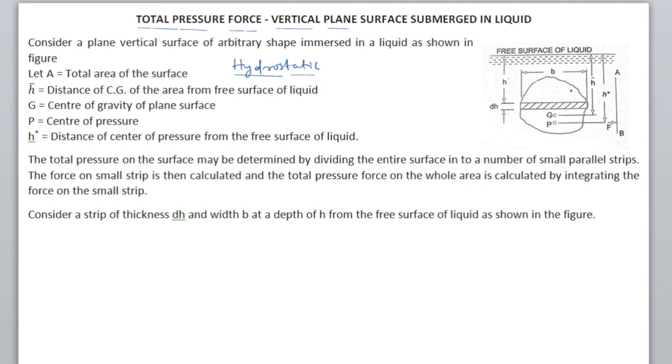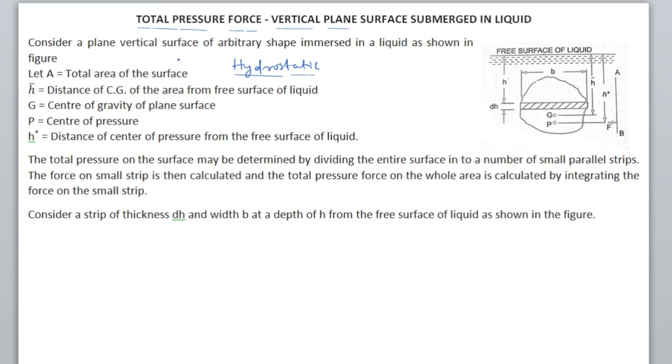There are a lot of cases we can consider, but for this, consider this figure where this whole part is a vertical plane surface which is completely submerged inside the liquid, at a certain distance from the free surface of the liquid.